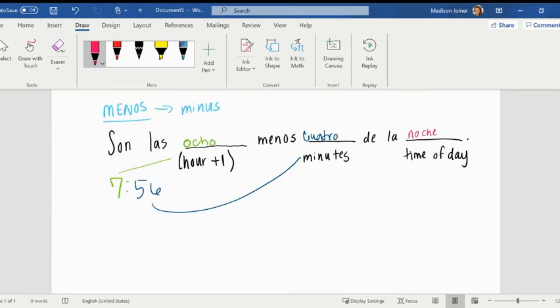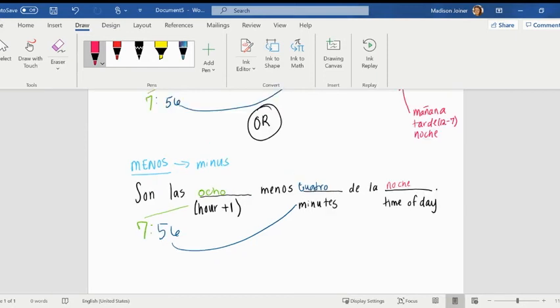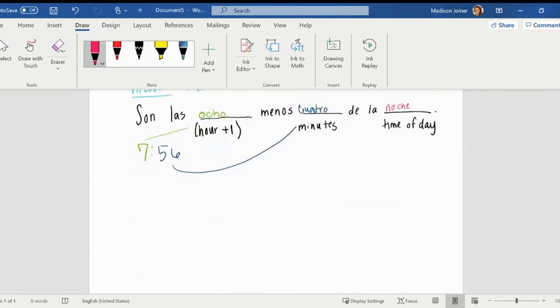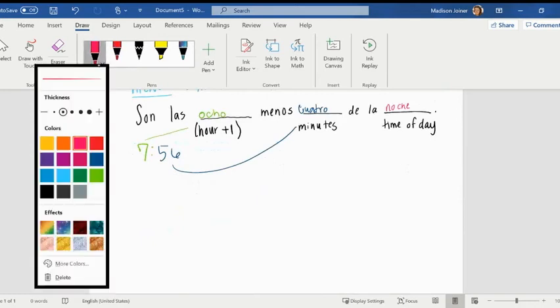That's definitely different than how we tell time in English, but still something that is important for us to know. So you do need to know how to use both of these. If it comes up on a test, I may ask you to use minus or something like that.